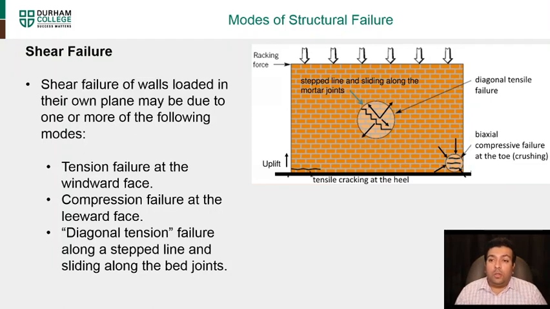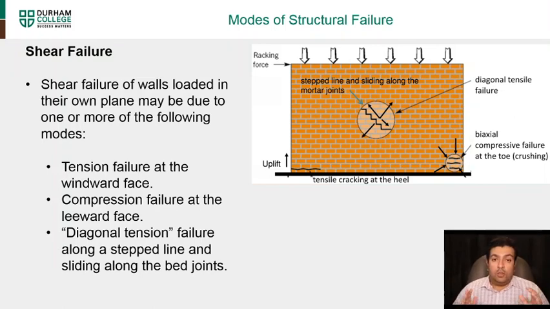So shear failure of walls loaded in their own plane may be due to one or more of the following modes. You have tension failure on the windward side. So you can see here this force acting here. You have uplift or tension failure, and compression failure at the leeward face. So up here you have compression failure at the toe and it's crushing.